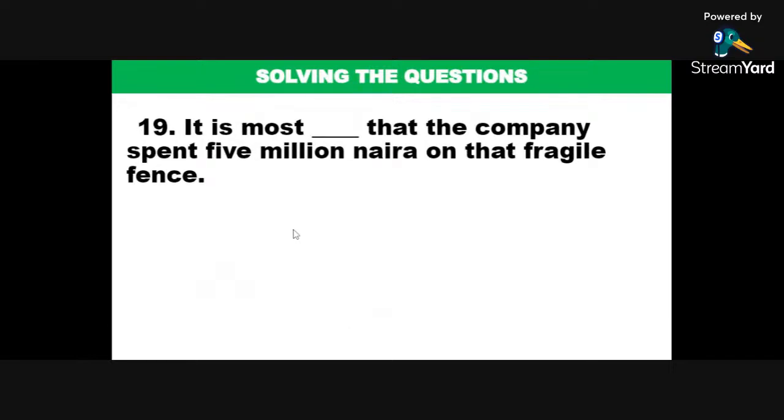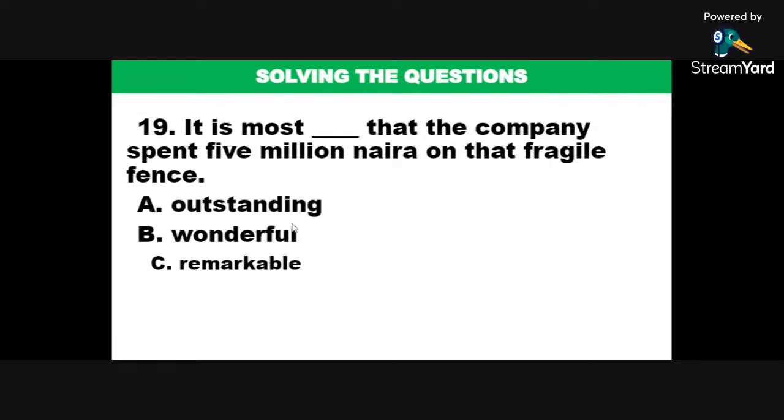Question 19. It is most dash that the company spent 5 million naira on that fragile fence. A, outstanding. B, wonderful. C, remarkable. And D, astonishing. Now, you have to look at the entire context because this has to do with semantics as well.